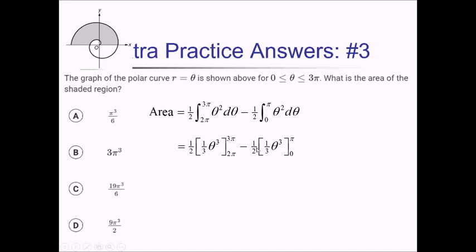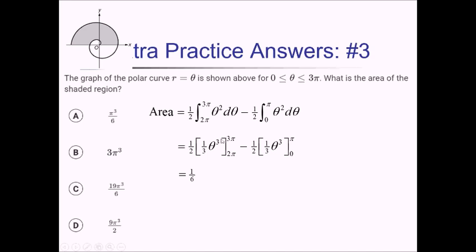So when I evaluate this, I can take a small shortcut to save a little bit of time. I can't put these in the same evaluation box because the limits of integration are different. However, you'll notice that these both are being multiplied by a 1/2, and that inside they're both being multiplied by a 1/3. Well, I could take the 1/3 out to make each of these a 1/6, and then take that 1/6 out to have a 1/6 times a whole bunch of stuff.